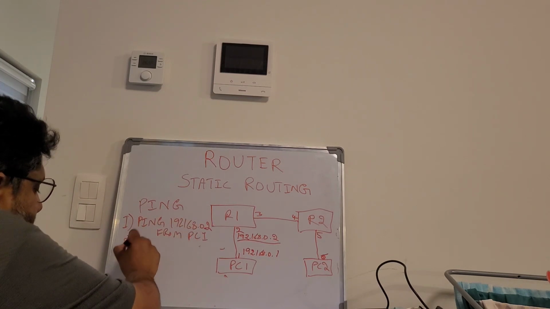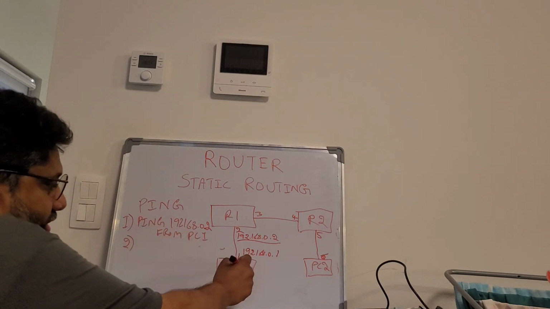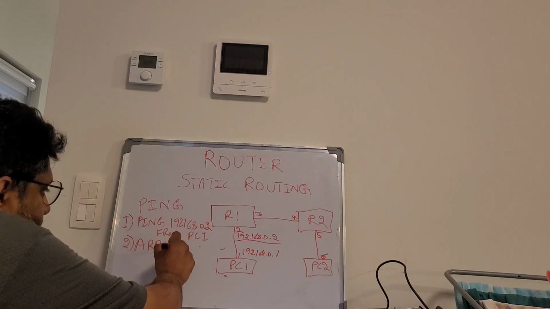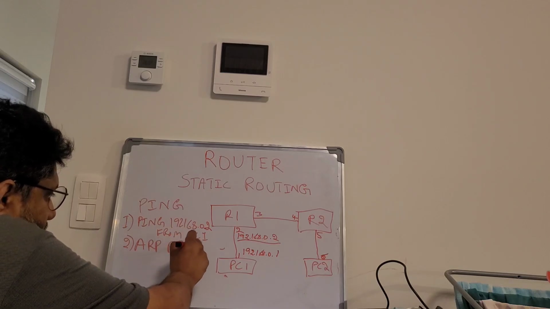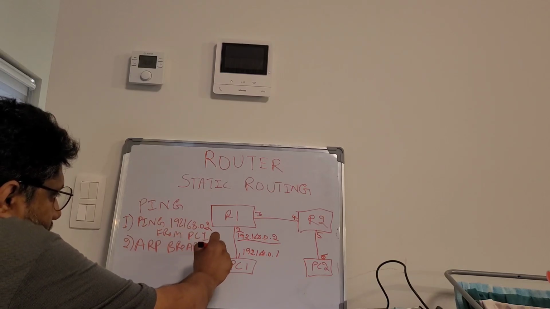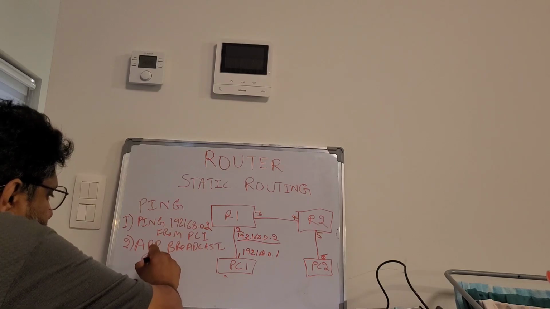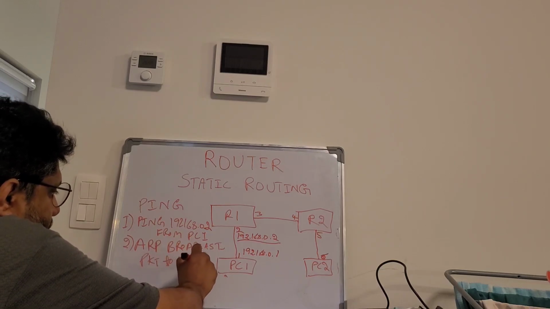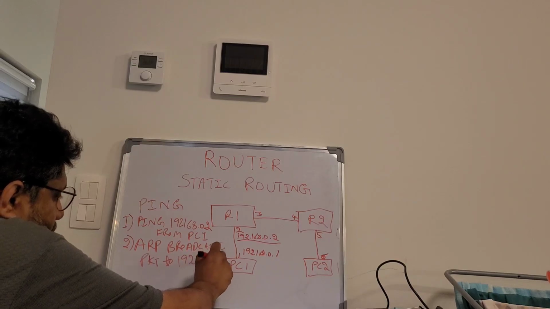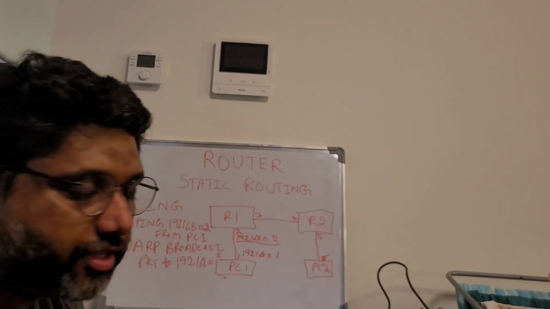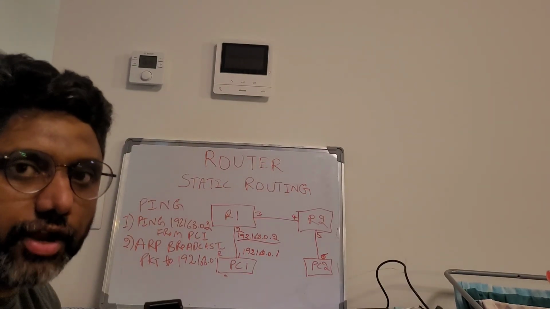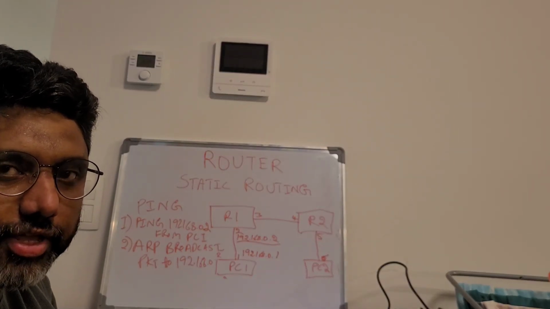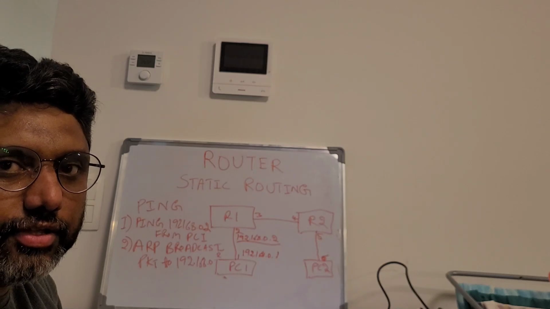What happens inside is PC1 will send an ARP broadcast packet to resolve 192.168.0.2 into a MAC address. As I told, for the last hop in the network, the actual communication happens using layer 2.